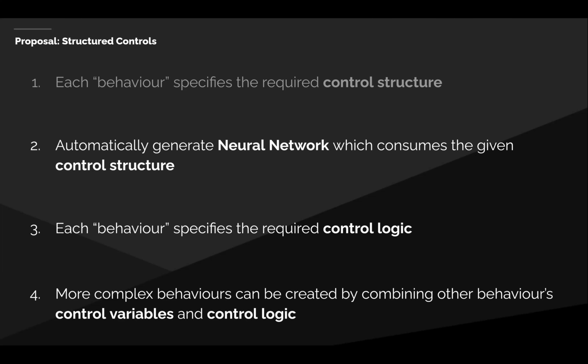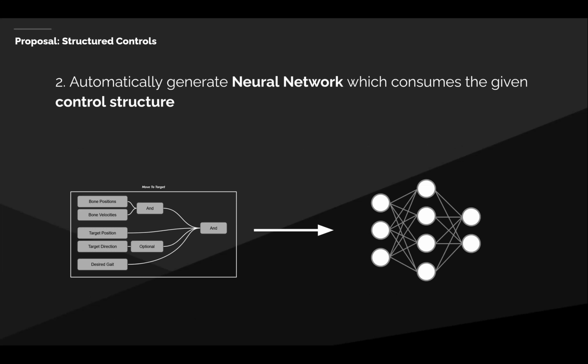So the second step is we need to take this kind of schema of the controls and generate a neural network, which can slice up all these different input variables and run them through some specific neural network structure. So you can think about it a bit like this. We take this kind of schema, we generate a specific neural network, which can consume that kind of structured input.